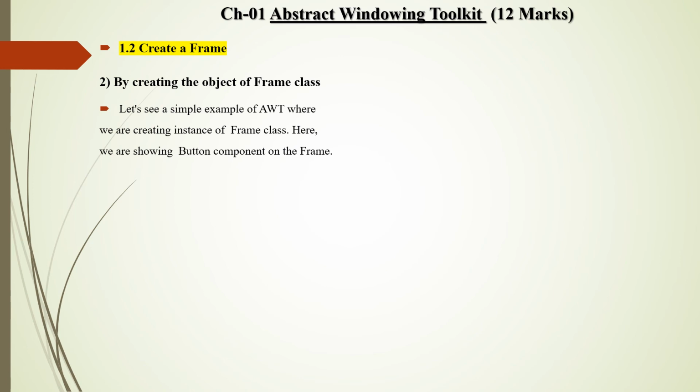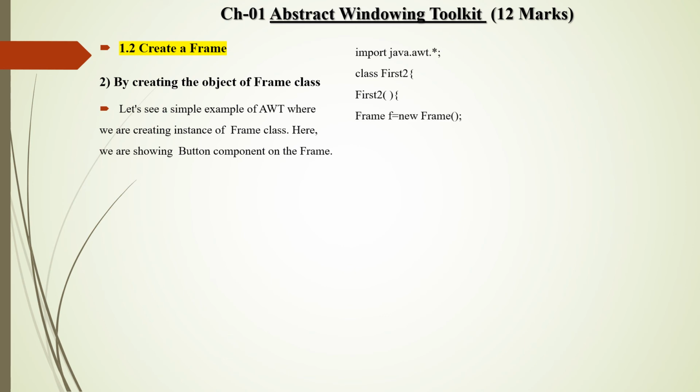So in this example also we create one frame and one button in the frame. In the Java code, first we import the java.awt package, then we define one class, First2. So First2 is the name of the class. In this we do not extend the class with the Frame class. Then we define the constructor of the class.